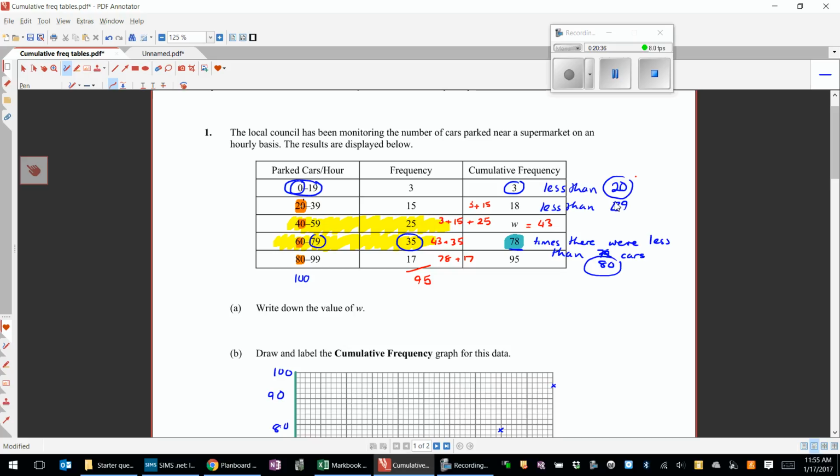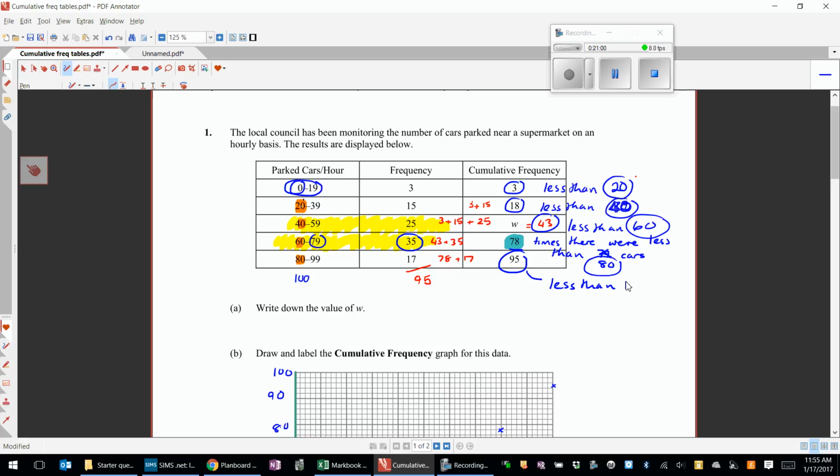So at 40, I would plot 18. This group is the less than 60 group, so 60 goes with 43. And this final 95 is the less than 100 group.